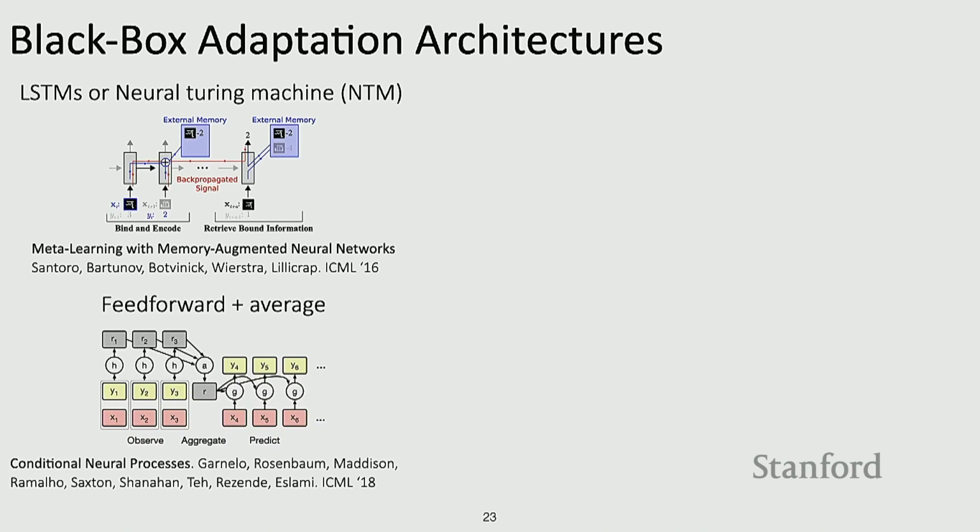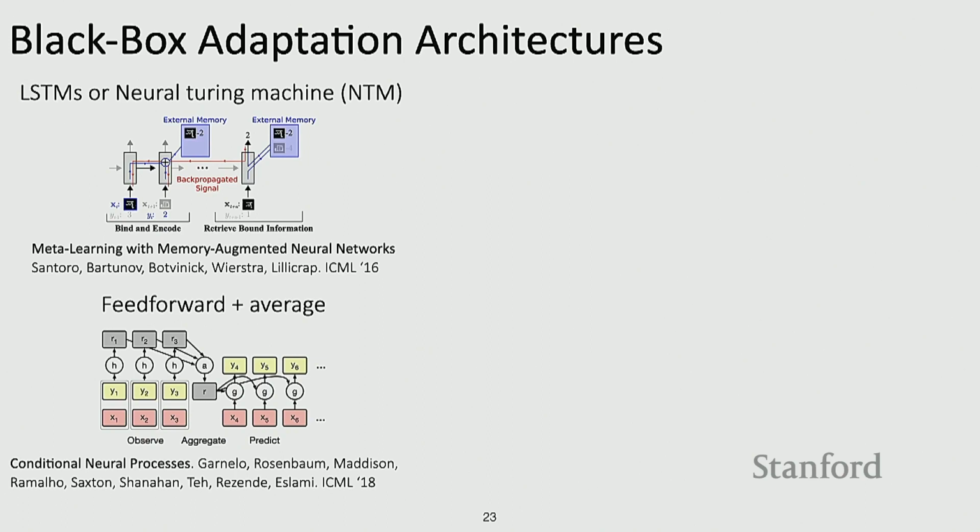A more recent architecture that I think is quite nice doesn't use a recurrent neural network or an external memory mechanism. Instead, it takes all the inputs from your training examples, runs a feed-forward neural network on each of those training examples, and then averages the embeddings of that feed-forward network into a single context.